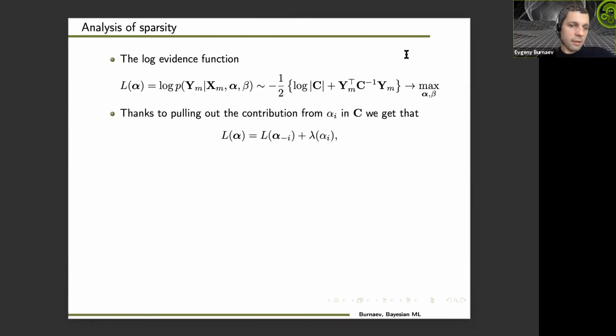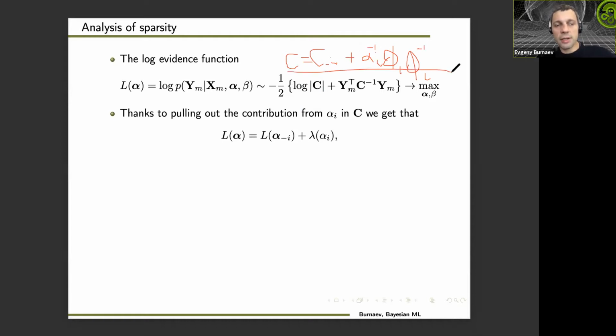Actually, because we represent the matrix C as the sum of C minus I plus some additional term which depends on the basis function phi I transpose, right?